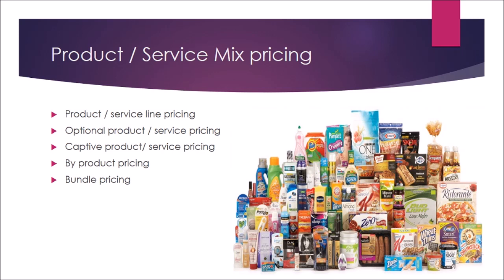Optional product and service pricing, right? Captive product and service pricing, by-product pricing, bundled pricing are some of the strategies that marketers use to price their available products, right? I will give some explanations about these through the glossary, right?